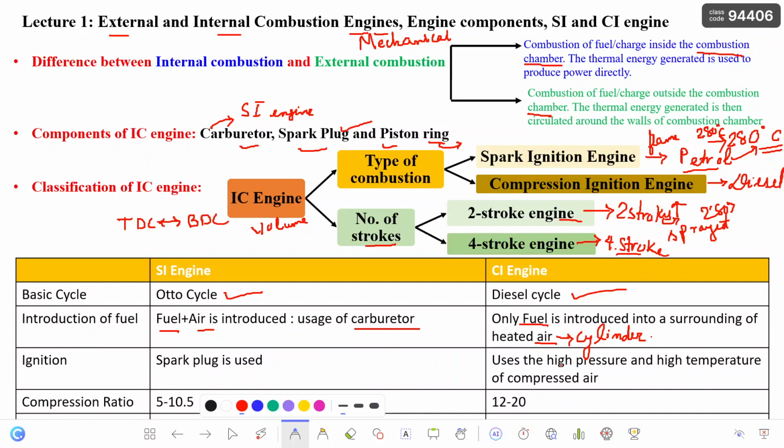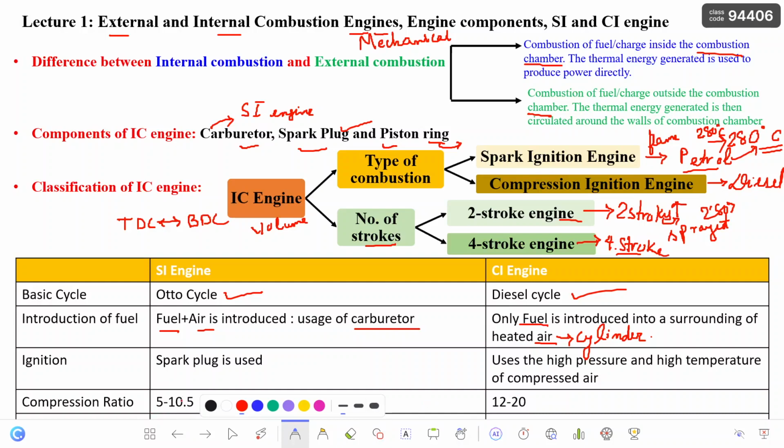We compress the air, and the temperature we reach is enough to ignite the fuel. The compression ratio is generally lesser in an SI engine, around 5 to 10.5, and around 12 to 20 in the case of a CI engine.